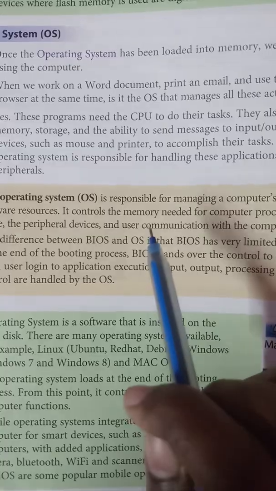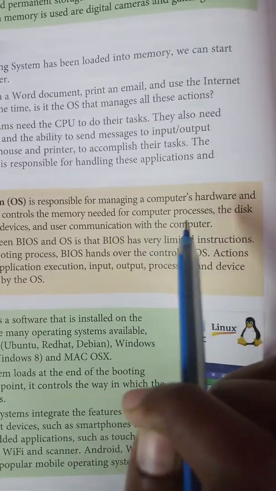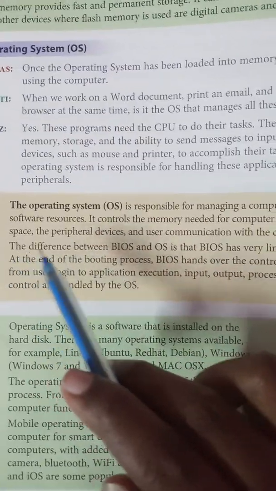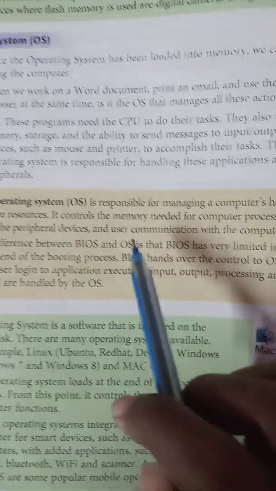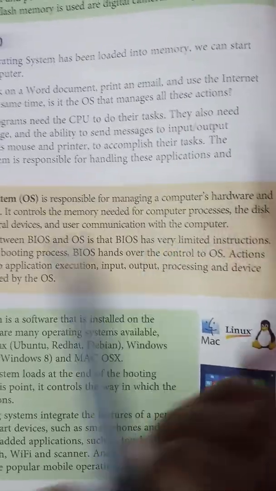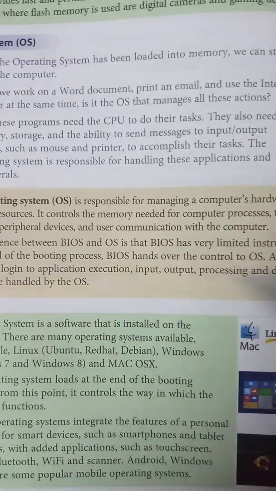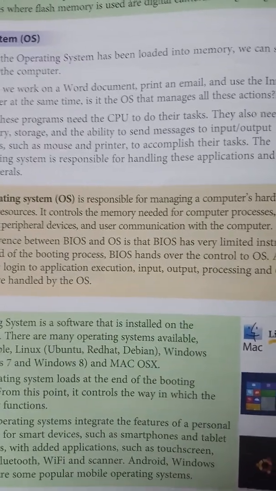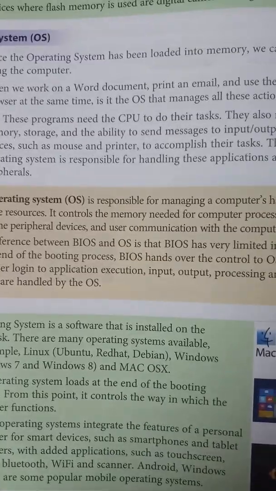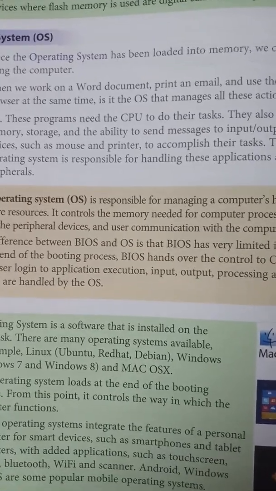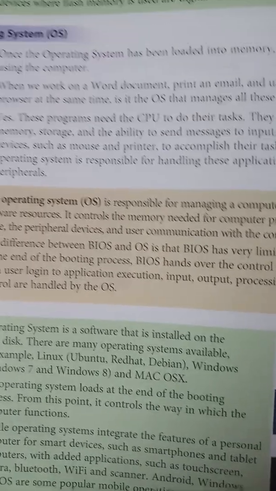It controls the memory needed for computer processes, the disk space, the peripheral devices and user communications with the computer. It controls all the memory storage, processing devices, processor, peripheral devices and also the user communications.